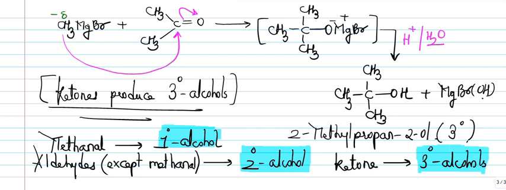So this is about the reaction of Grignard reagent with aldehydes or ketones producing different types of alcohols.